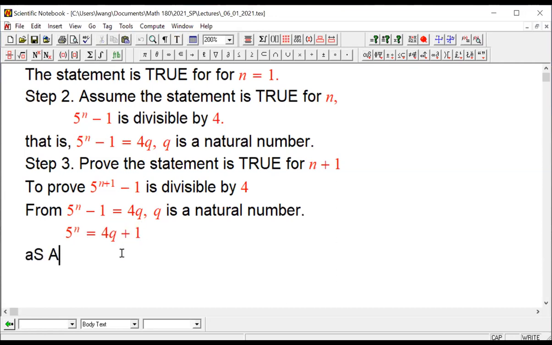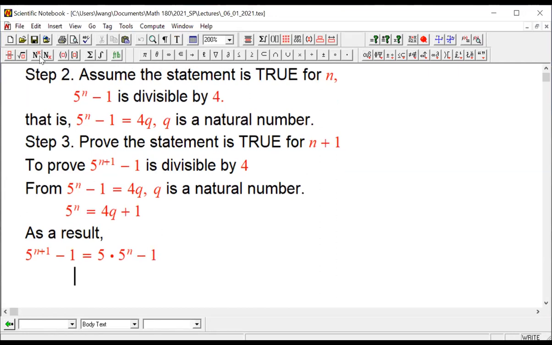As a result, let's see, what's as a result? We need to go back because we need to prove this is divisible, right? So the left-hand side is going to be, if I split 5 to the power of n plus 1, multiply 5 to the power of n minus 1, what do I get? 5 to the power of n is 4q plus 1.